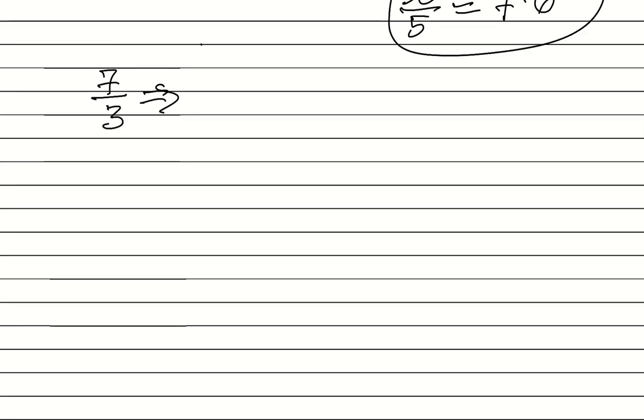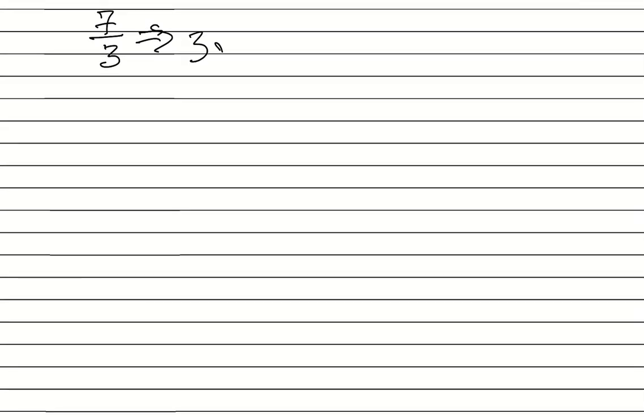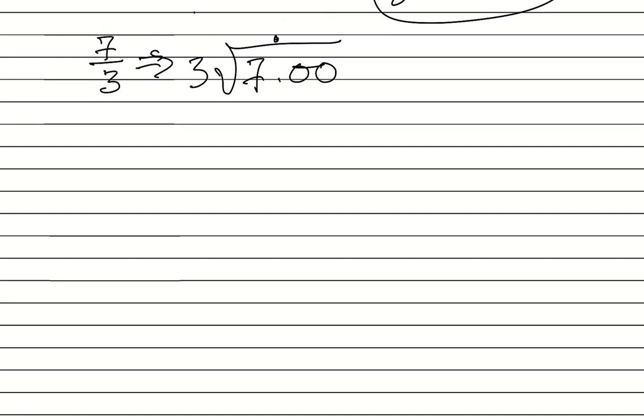Let's do one more and then we'll go to something else. You write the divisor as we normally do. You put the divisor there, 3, and you put the dividend here, 7. You put 0, 0, put the dot here. And then you continue. 3 going into 7, you would do 6. 6/3 gives you 2 times, right? You put the 2 here. 2 times 3 is 6. You subtract, you get 1, right?